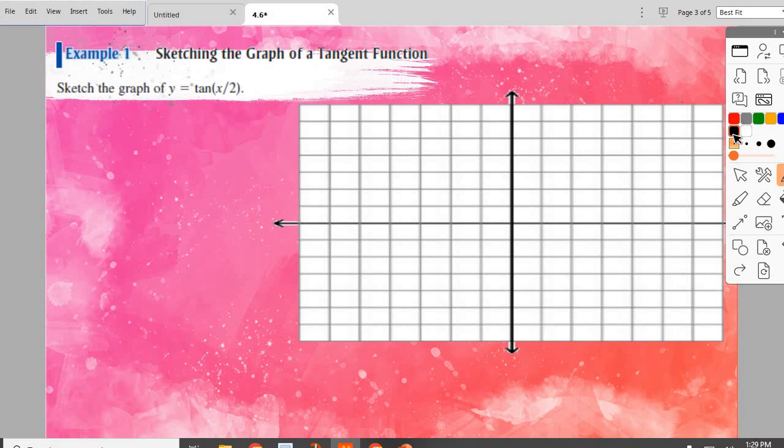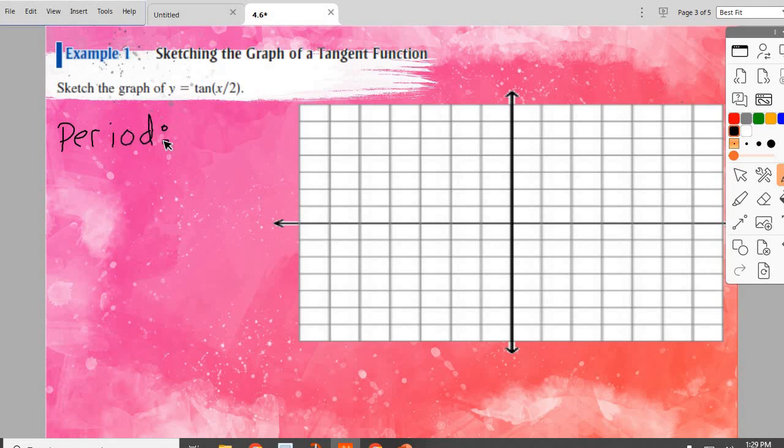Is there something else in there? Yes, what is it? I have a 1/2. In what place or what variable is that 1/2 acting as? The b-value, yeah. So that's still going to affect our period, okay?